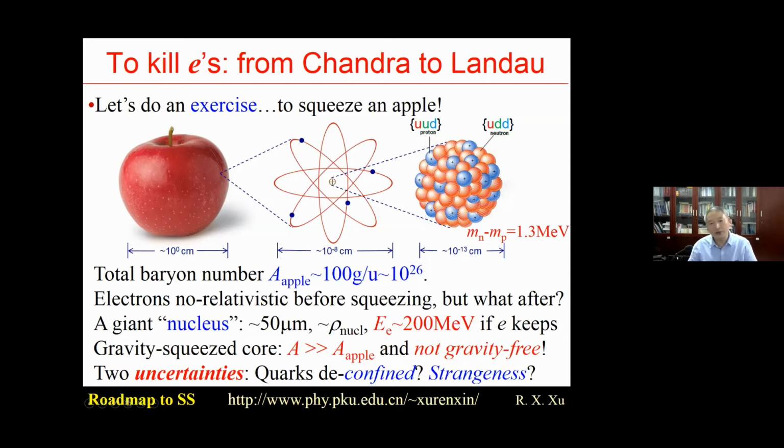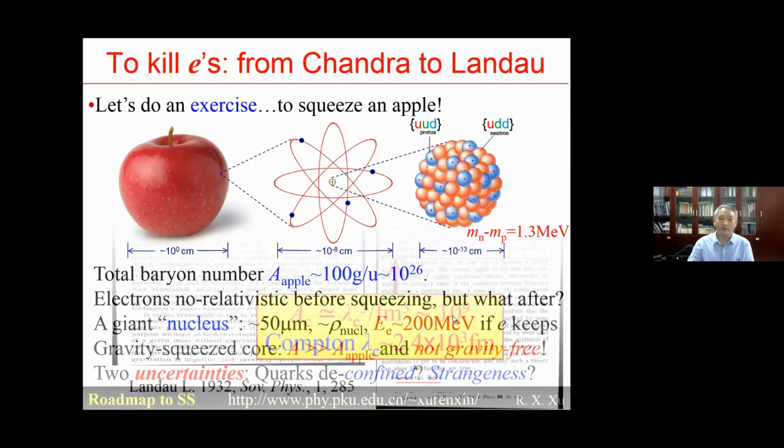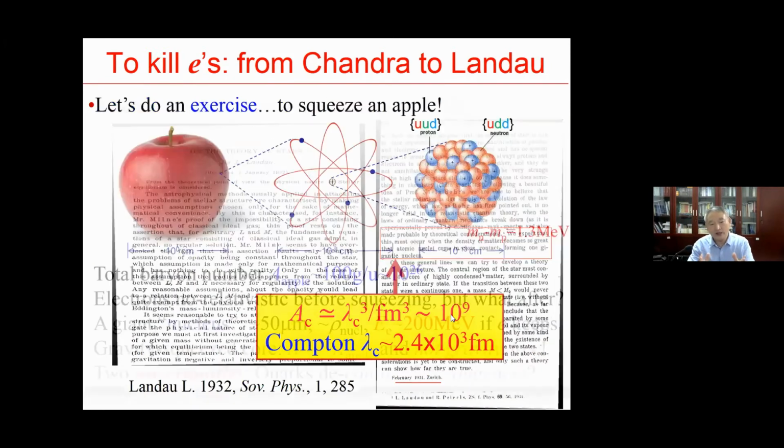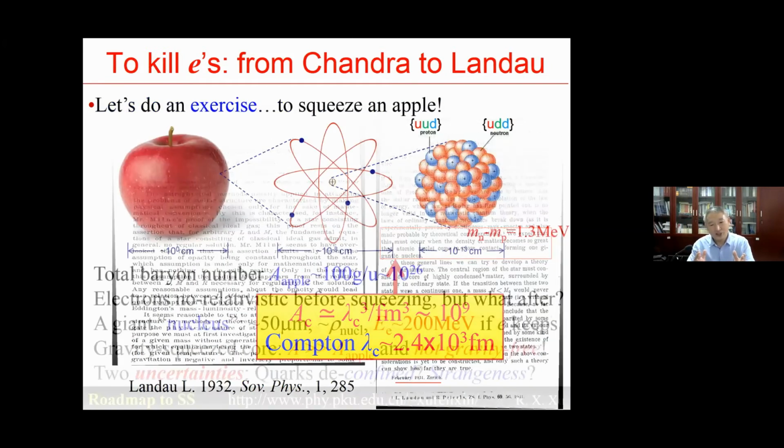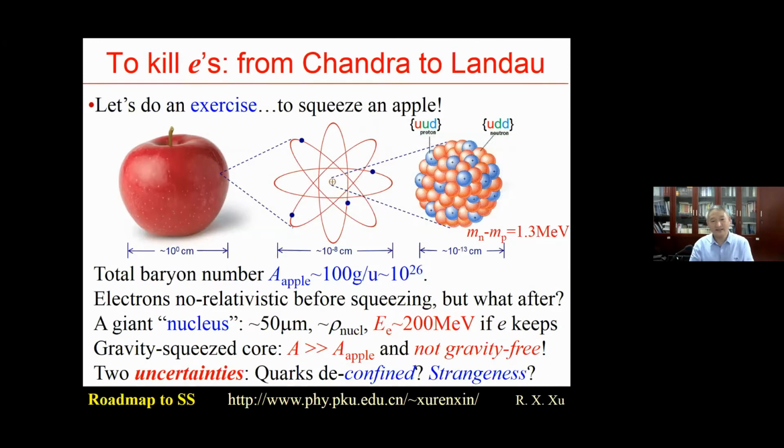This 10 to the 26 is much higher than this critical value. So you eventually have a giant nucleus, proposed more than 80 years ago by Landau. You know, this is not easy because there is a Coulomb repulsion between atomic nuclei. So this is very difficult to do.